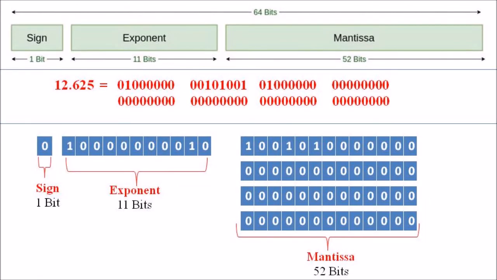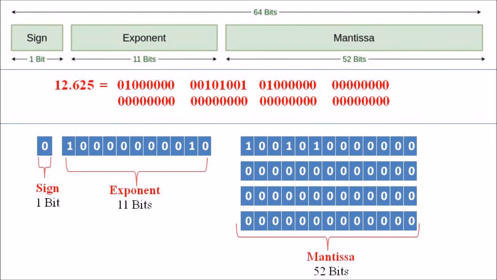Now we are going to represent it. So finally, writing in the IEEE 754 format. As we discussed in the previous session, 1 bit is reserved for the sign, 11 bits for the exponent, and 52 bits for the mantissa part. Our question was to represent the decimal number 12.625 in IEEE format. Our first bit is the sign bit. Here the given number is positive, so the sign bit is 0.